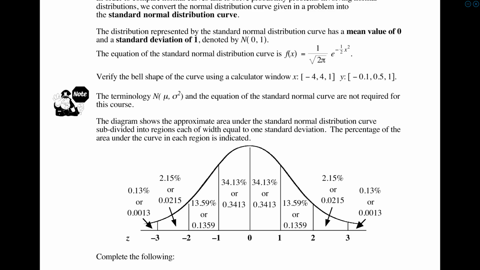Yep, e to the power of negative 1/2, divided by the square root of 2 pi. The way you find e on here is second ln. It says e to the x, so you'll put e to the x and then put in the negative 1/2 x squared as the variable.